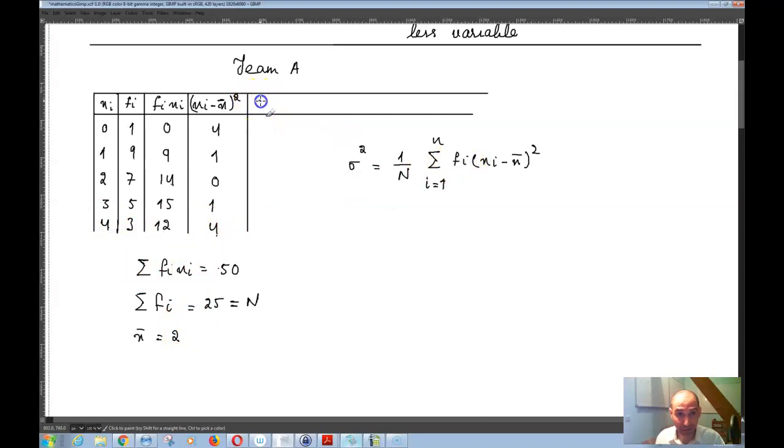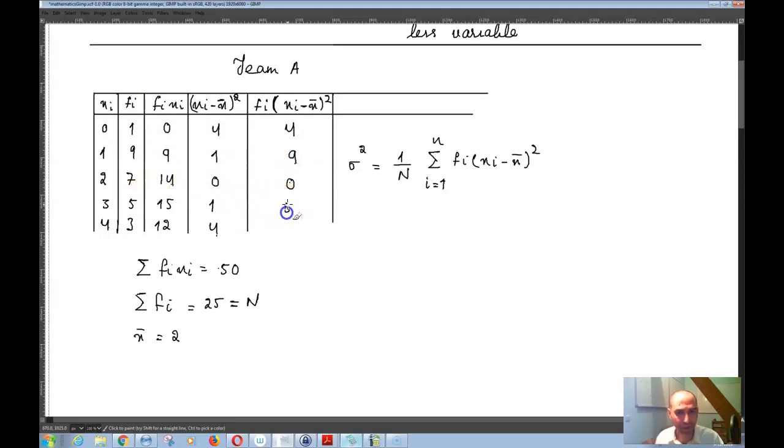And if I multiply f of I times x of I minus x bar squared, all I need to do is multiply this column by this column. So 1 times 4 is equal to 4. 9 times 1 is equal to 9.